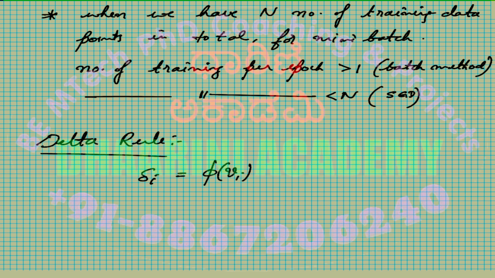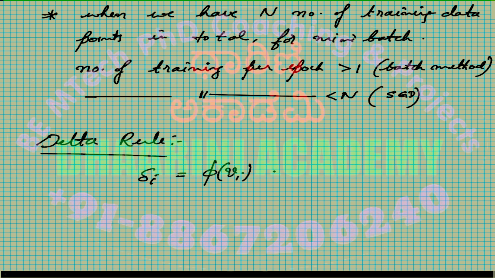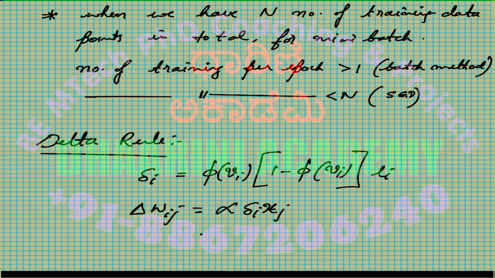Use this delta i to calculate delta Wij, that is alpha times delta i times the input Xj, and use this to update your weight. So Wij is equal to Wij old plus delta Wij.